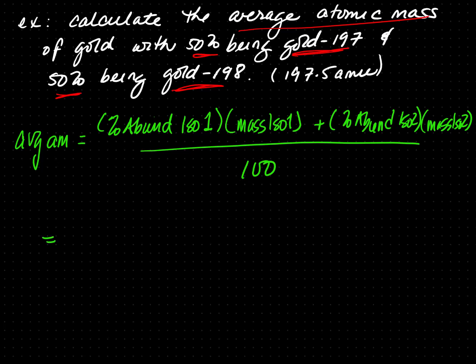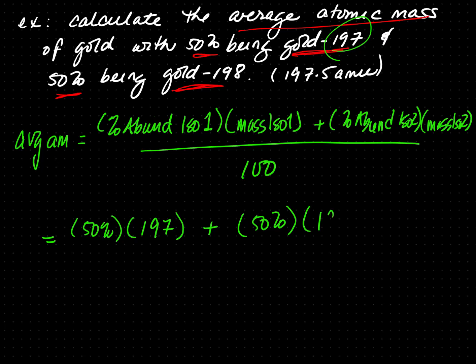So after writing the equation, we plug the numbers in. The first one is 50%, so 50%, atomic mass is 197, so 197, plus 50%, 198, divided by 100.